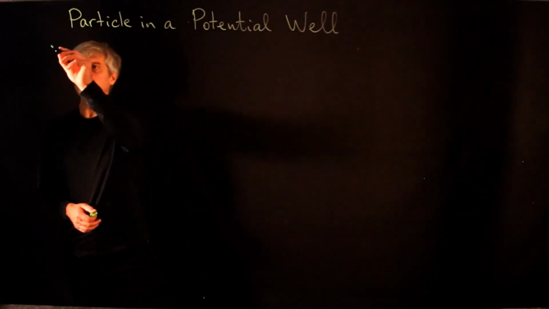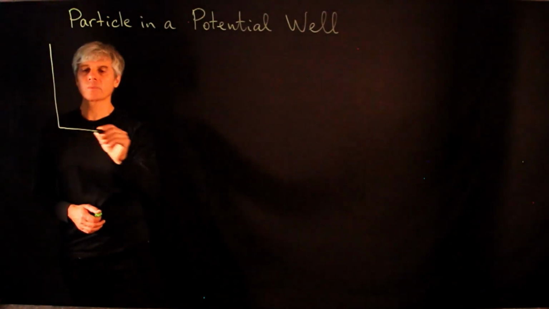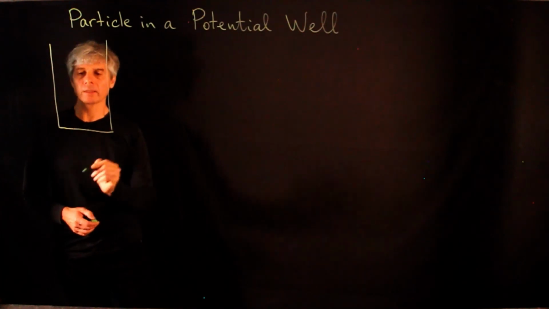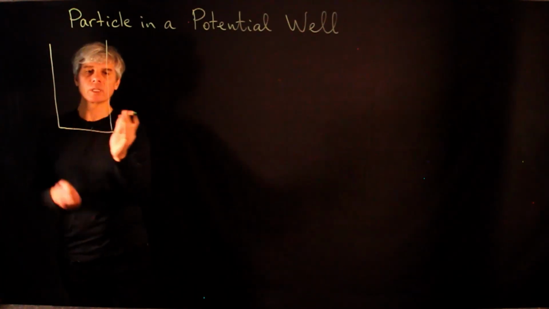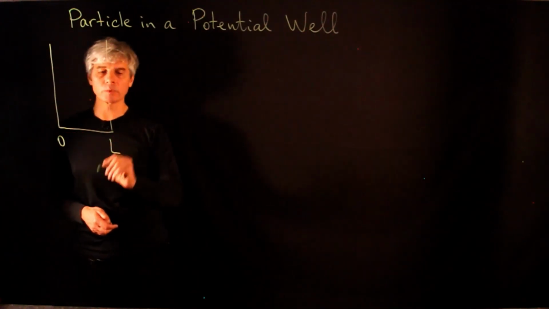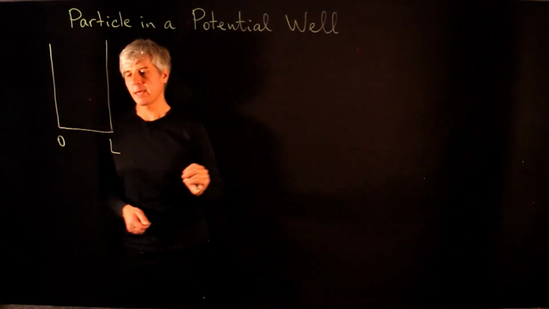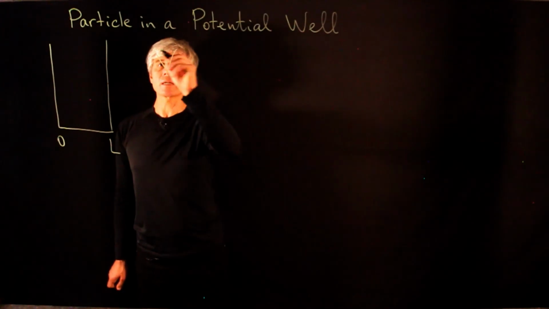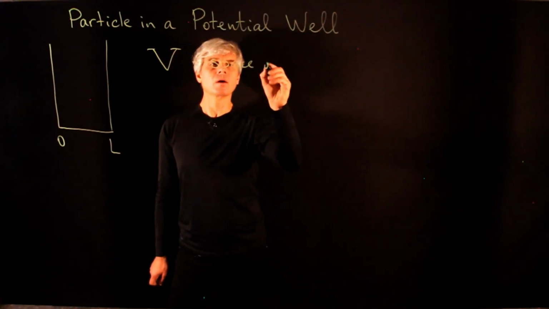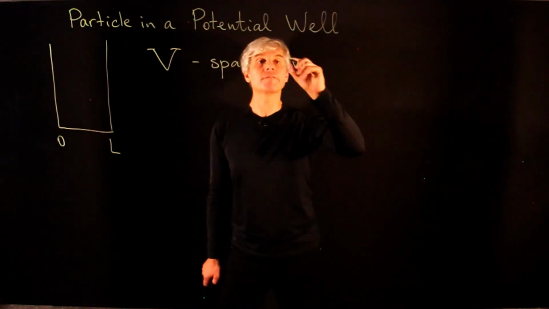So what we consider here is we trap a particle inside a potential well. This means that we build walls and we don't allow the particle to leave this space. The space of states here will be the space of wave functions.